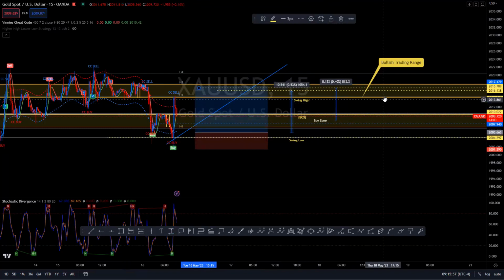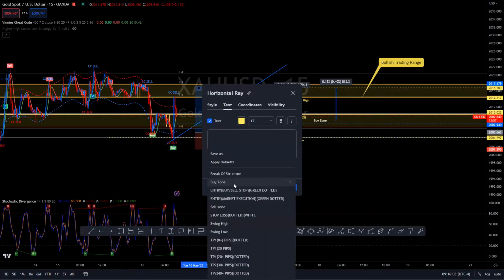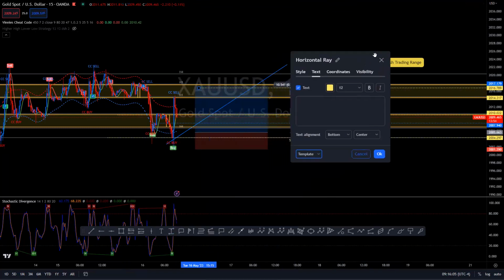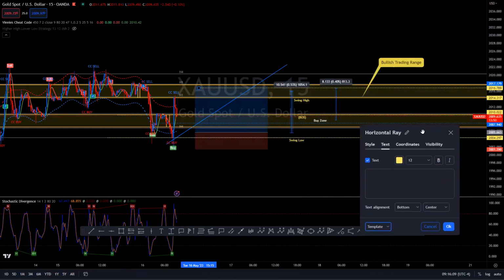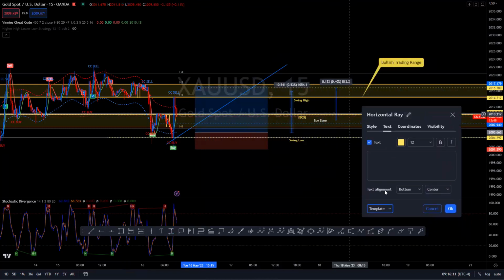So I would take that out and make this TP1. Actually, I'm going to make this TP2. And that is 800 best points.